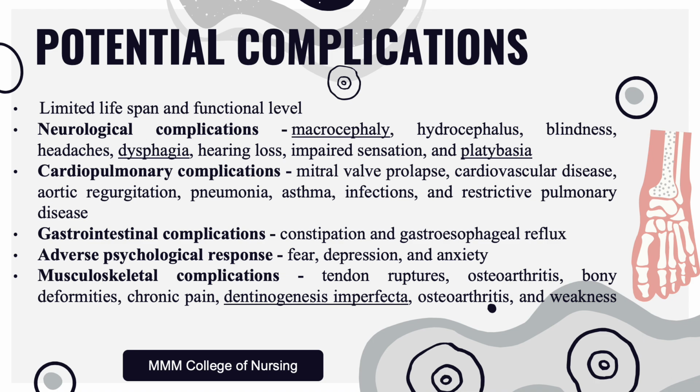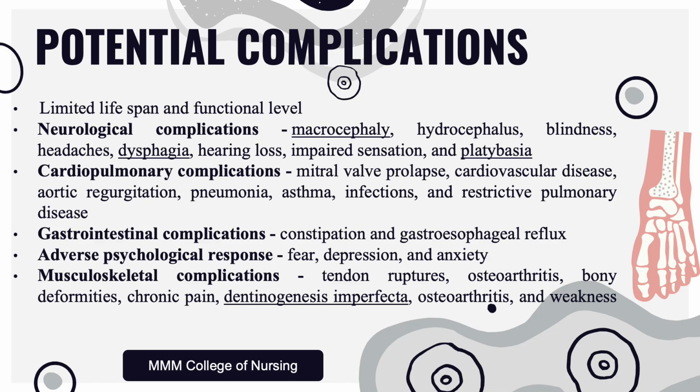Let's look at the potential complications of OI. Complications of OI may vary depending upon the type of genetic mutation and may include limited lifespan and functional level, and neurological complications such as macrocephaly, which is an abnormally enlarged head, and hydrocephalus.